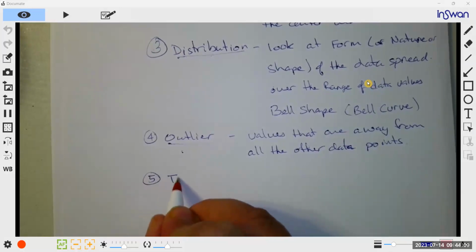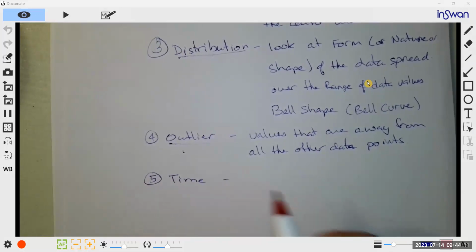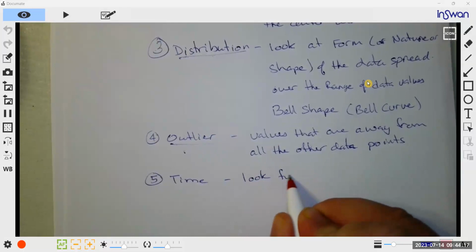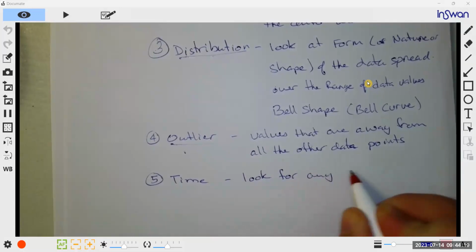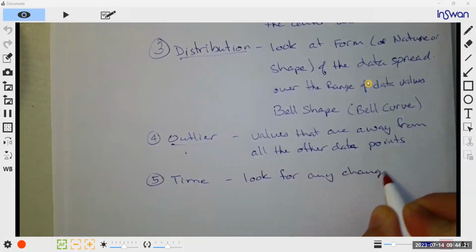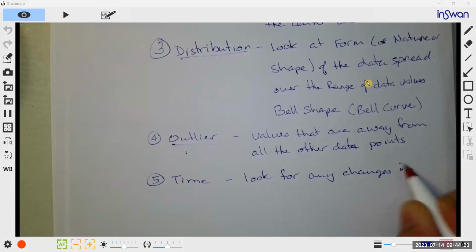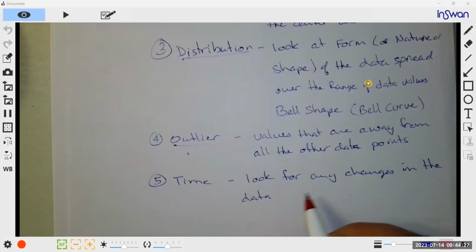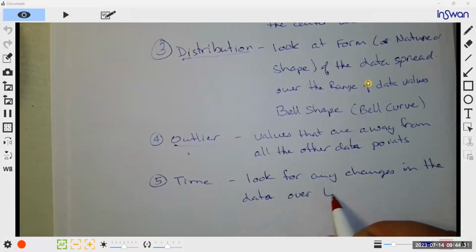And lastly is time. Look for any changes in the data over time.